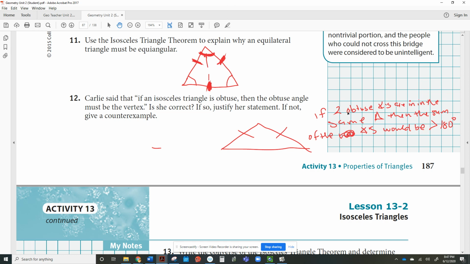Obtuse means greater than 90. So greater than 90 plus greater than 90 is going to give you greater than 180. So these two right here could not both be obtuse.